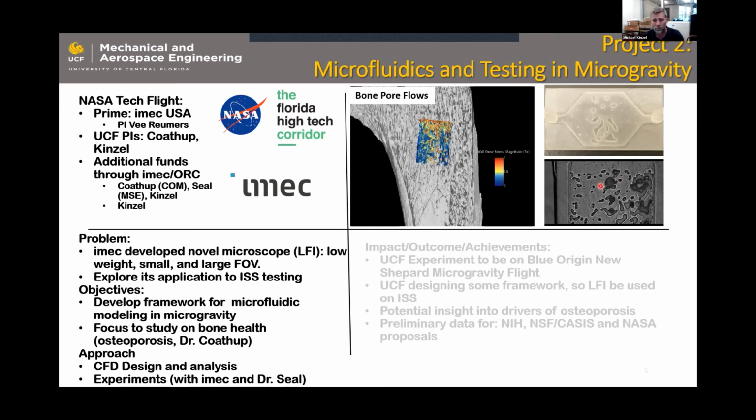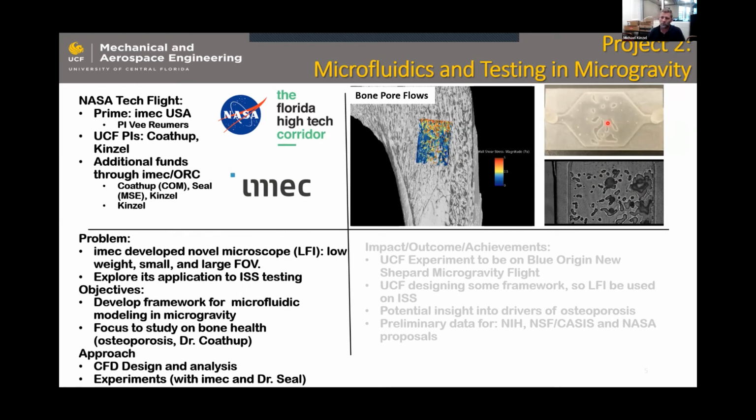So in the context of our microgravity flight, we're designing microchips with pore-like structures, and we're sending these up on a Blue Origin New Shepard flight later this year to see if we can identify some of the underlying mechanisms that lead to astronauts having higher rates of osteoporosis.